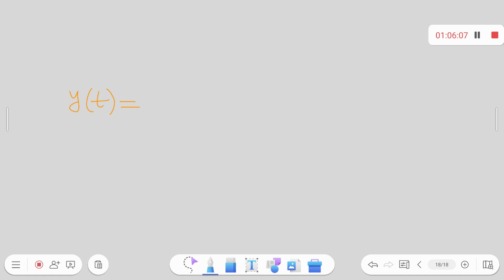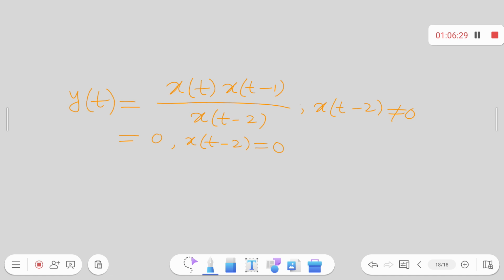Let me give you the example. Y of t is equal to, say, x of t multiplied by x of t minus 1 upon x of t minus 2, when x of t minus 2 is non-zero, and suppose this is 0 when x of t minus 2 is equal to 0. That is the system description.